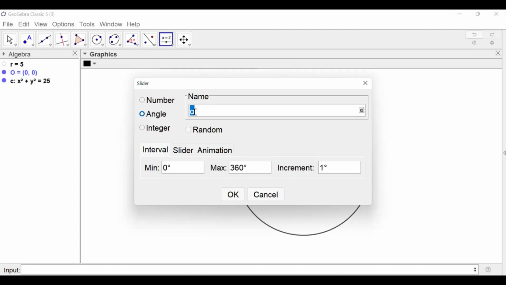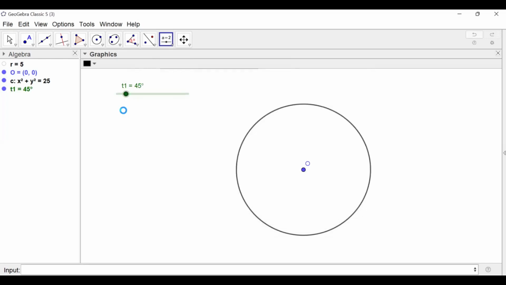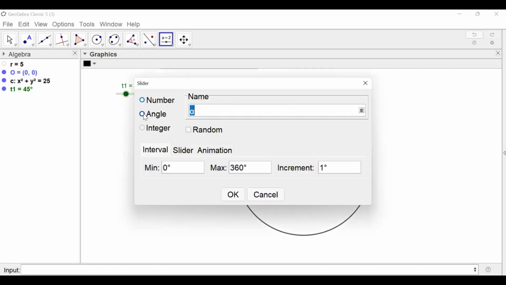So I'm going to take T1 to be my first slider. You can see the minimum value is 0 degrees. My maximum is 360 degrees because you're going to go round about the circle, and I want the increment to be 1 degree. So I take this T1, I move again to get the second slider, T2.